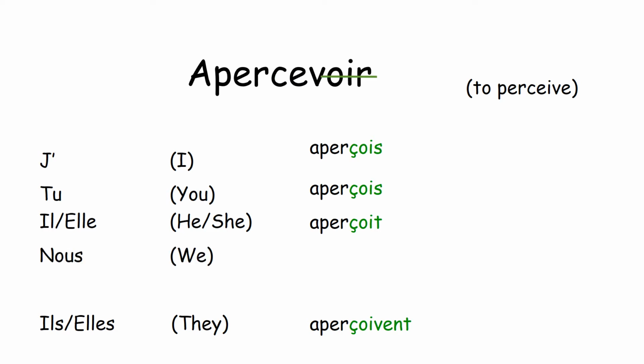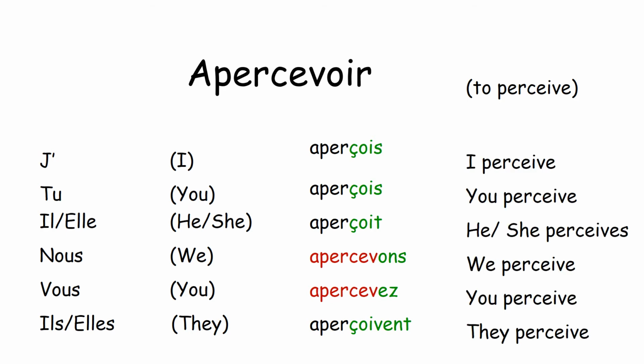And then for nous, we remove OIR. We keep the radical apercev, and then we add the ending ONS: apercevons and apercevez. Okay, and the meanings are just there for your help.